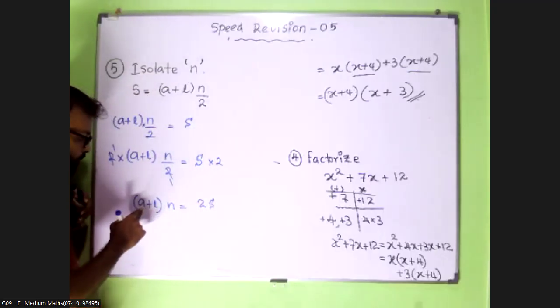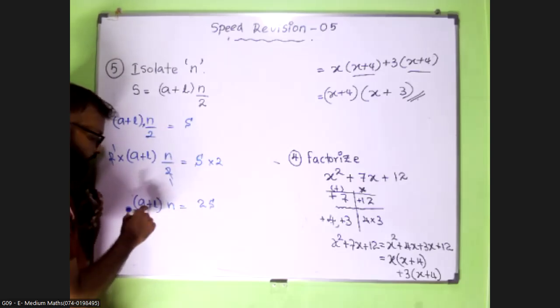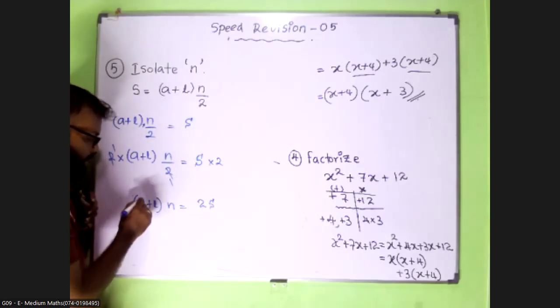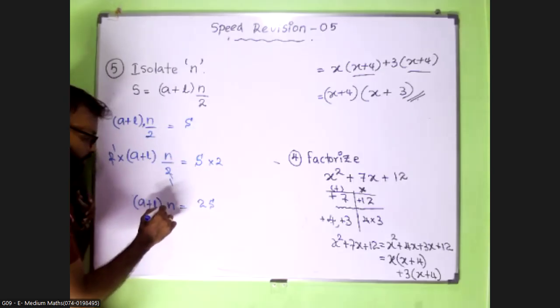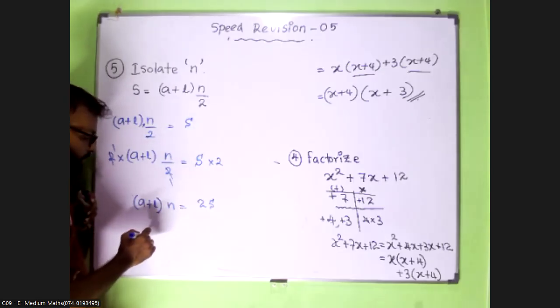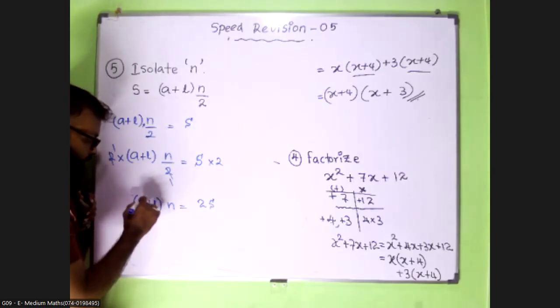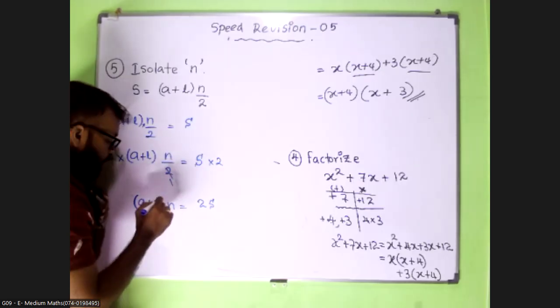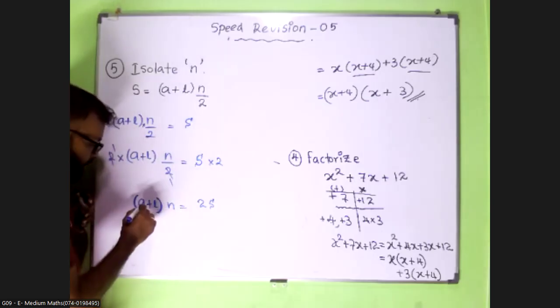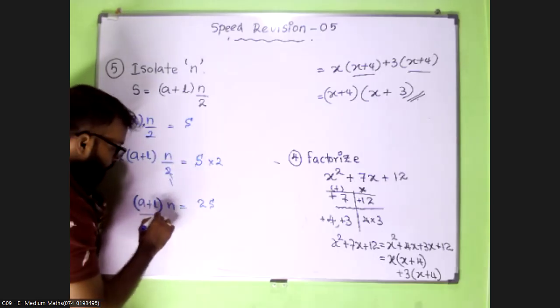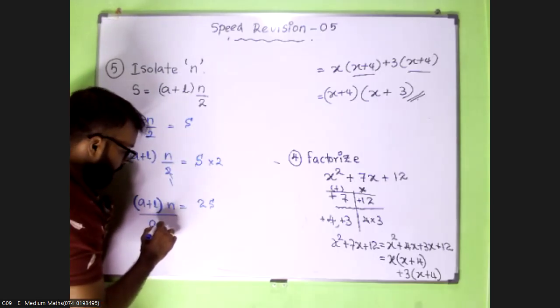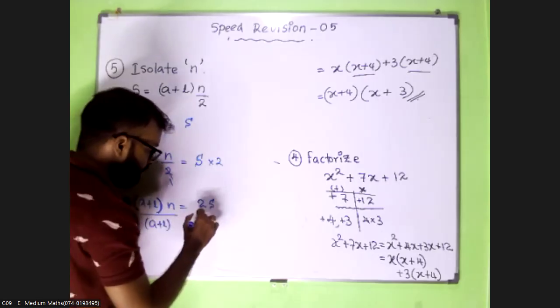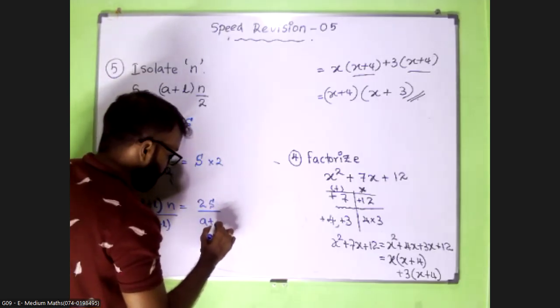If you want to remove the a plus l term from your left hand side, what can you do? This is a plus l, multiplied by n. The meaning of this parenthesis is multiply. So I am going to divide this side by a plus l and this side by a plus l.